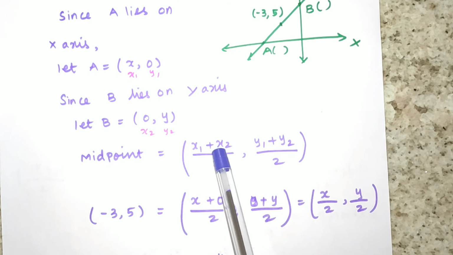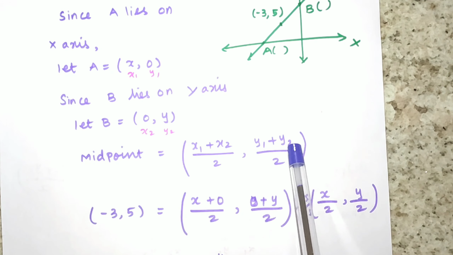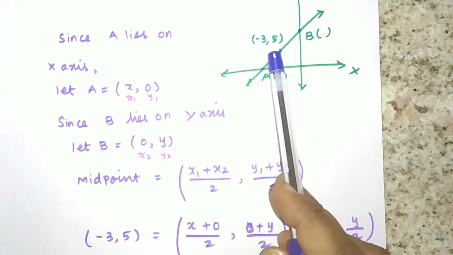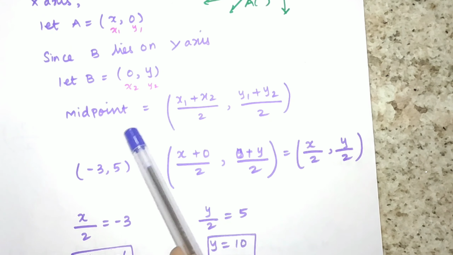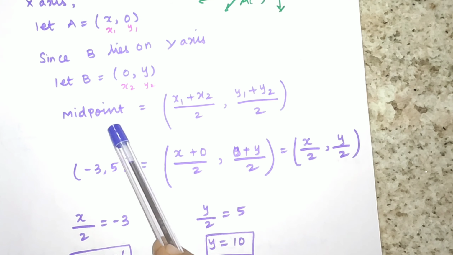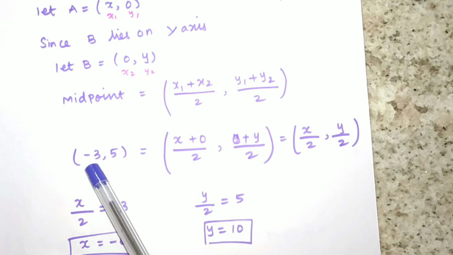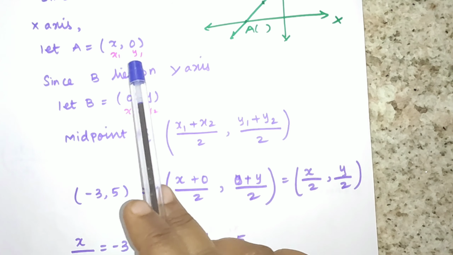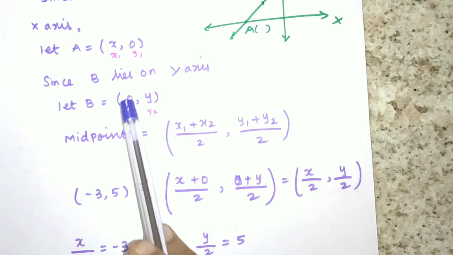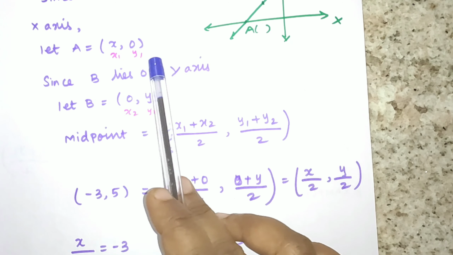Midpoint formula: (x1 plus x2) by 2, comma (y1 plus y2) by 2. In the question they gave the midpoint. The midpoint of AB is (minus 3, 5). So in this formula we substitute (minus 3, 5) equal to, roughly, x1, y1 here and x2, y2 for identification.